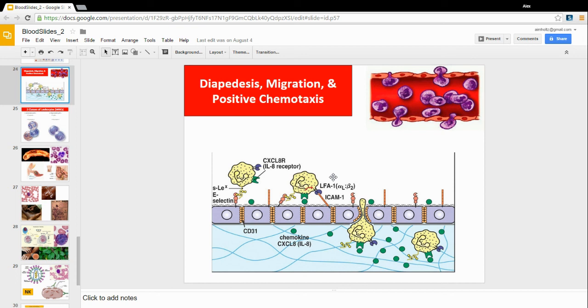And that movement towards a particular chemical is called positive chemotaxis. Taxis means movement. So we have movement towards chemo, a chemical, because it's towards, it's positive. Negative would be away.